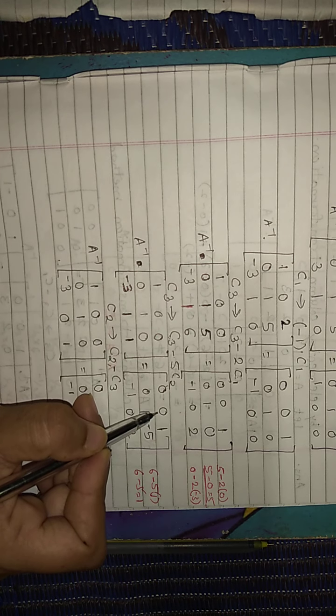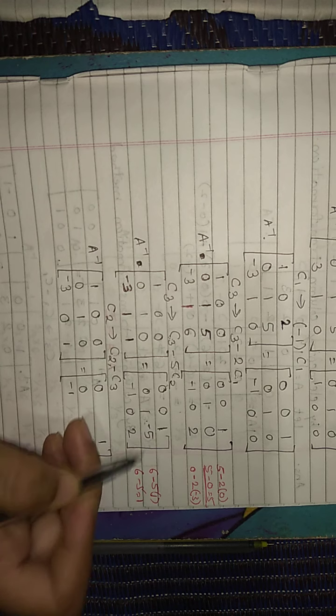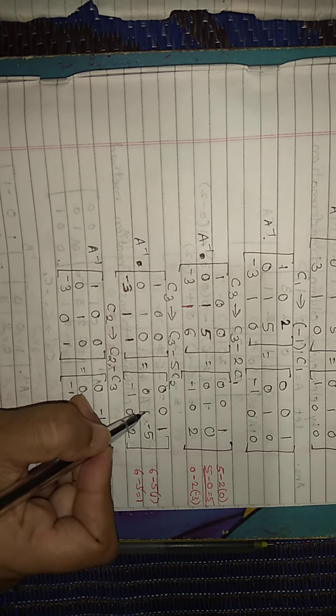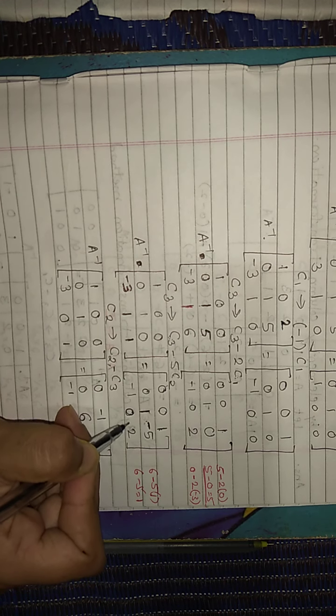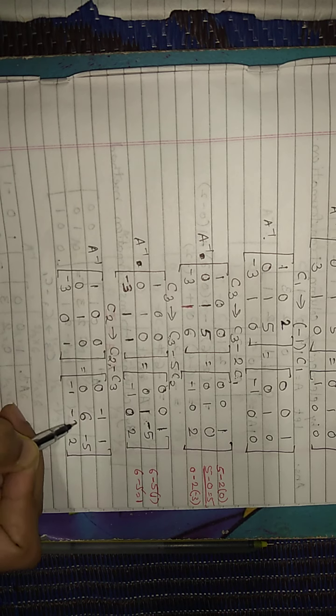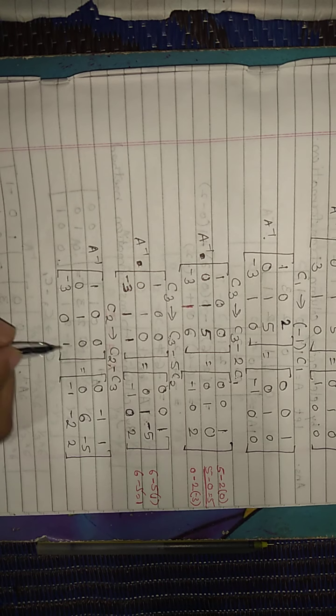Now here we write 0 minus 1, minus 1, 1 minus 5. So minus minus becomes plus. 1 plus 5 is equal to 6. 0 minus 2, minus 2. The next step, we have to convert the minus 3 into 0.